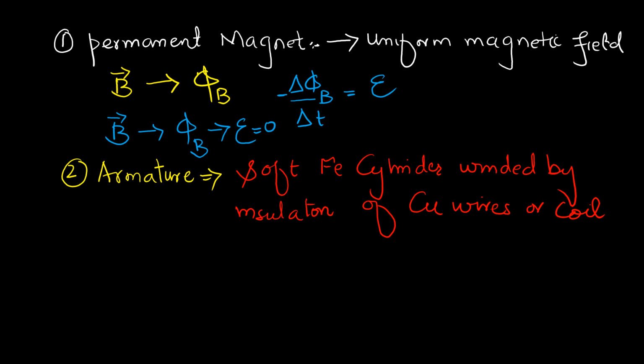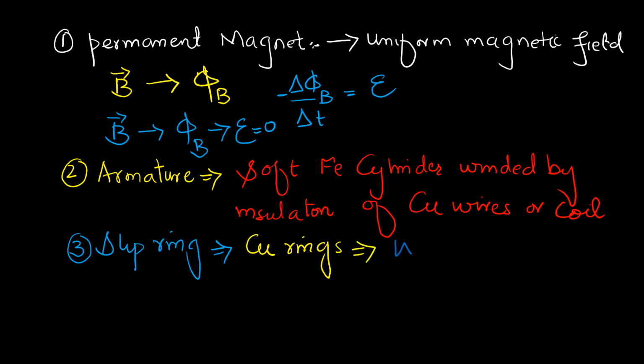The third part of the alternating current generator is known as slip rings. Slip rings are made up of copper. These are copper rings. Now, students, please keep in mind the role of slip rings is very important.